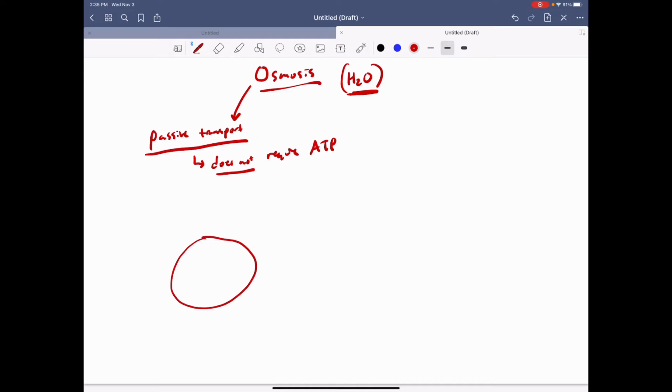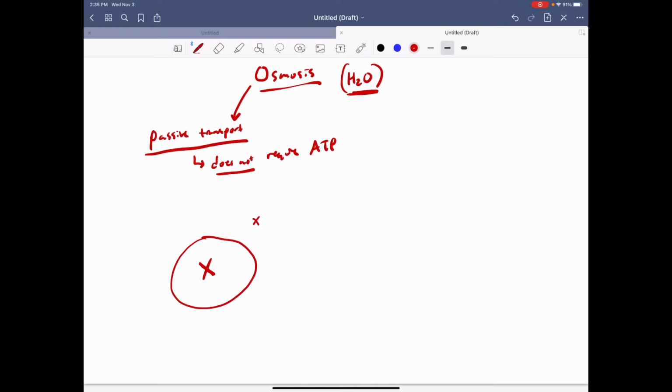And that circle can represent a cell, okay? It could represent anything. Let's just say it's a compartment, okay? Let's not even go that far. So we're going to have molecule X here. And we're going to have molecule X here inside, okay?